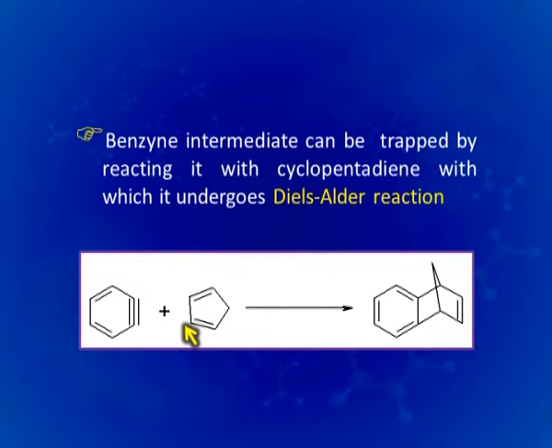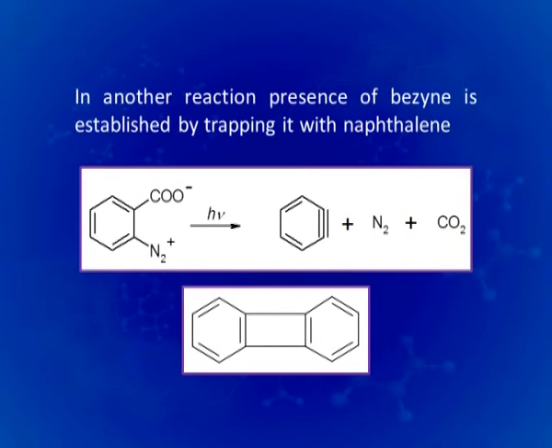As a result, the double bond moves to the next bond, and what we get is a Diels-Alder product. If we take another example where benzene is formed by this particular species, this is also established by reacting with naphthalene.